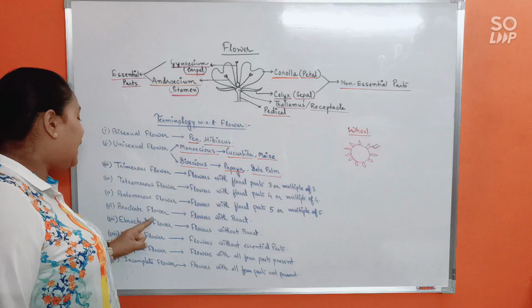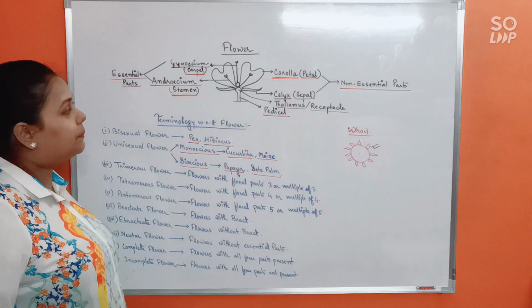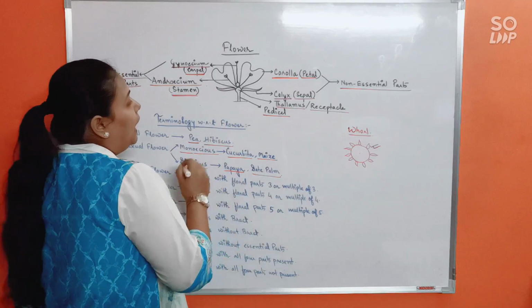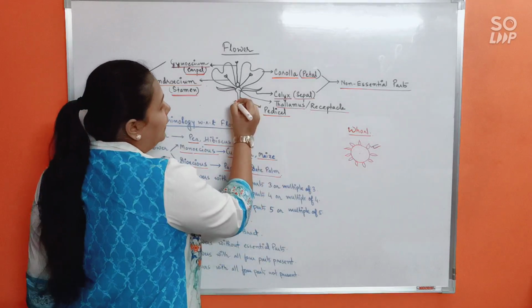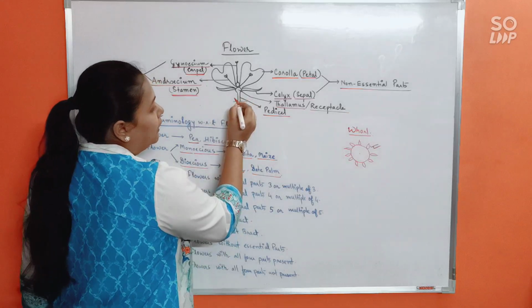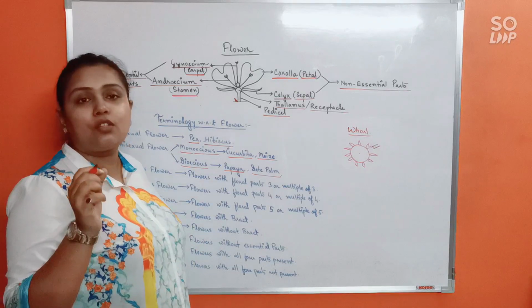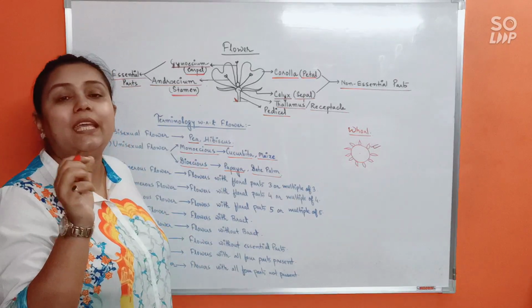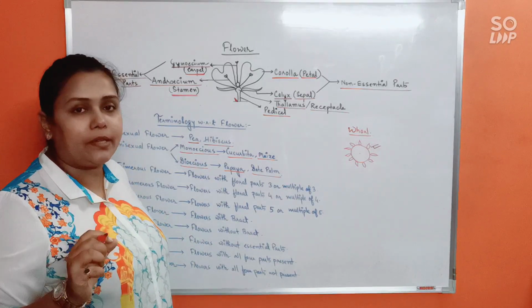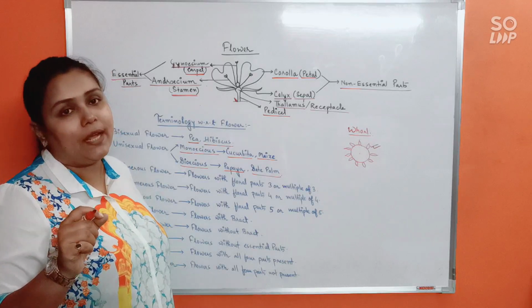Then, bracteate flower. Now this is important. See, sometimes, not always, at the base of the flower, from where the pedicel begins, a small lateral appendage or leaf-like structure might be present. That structure is known as a bract.